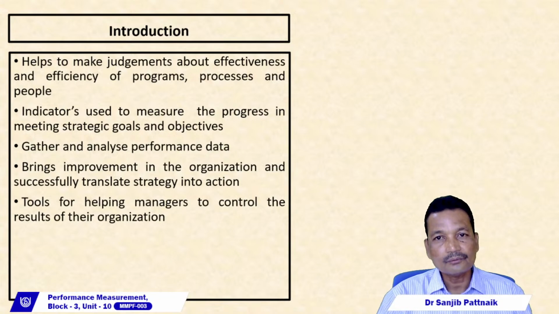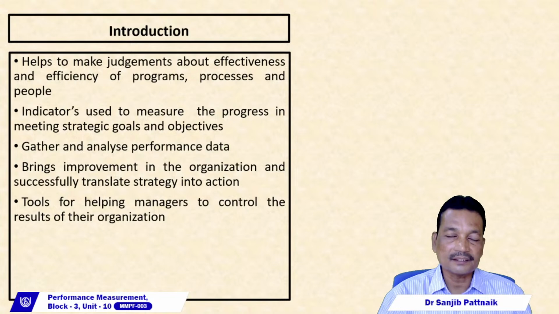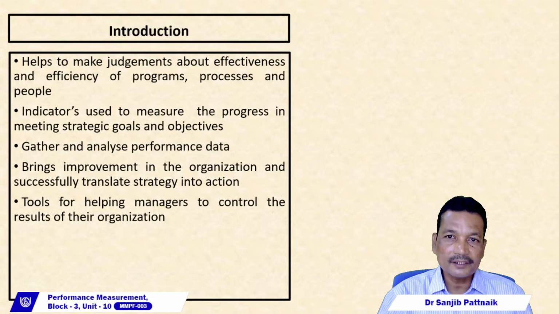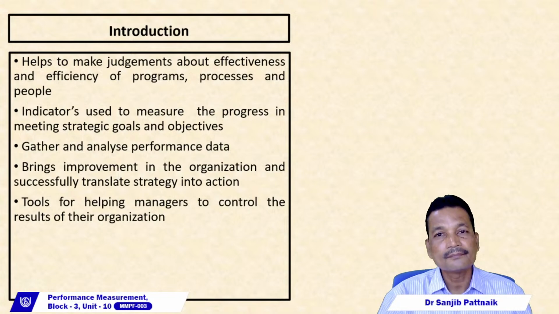We have certain kinds of indicators. For example, let us take the example of a thermometer. If we put the thermometer, then we can know the temperature of the body of a human being or any other living thing or any other thing at any given point of time.